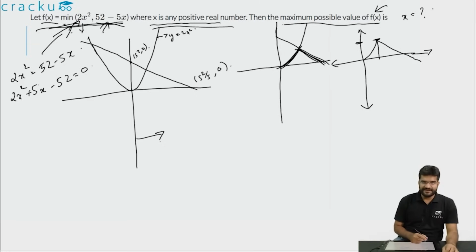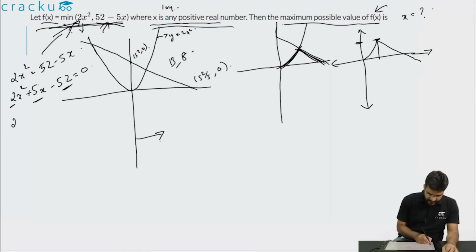We can easily factorize it, but just to make it even simpler, we notice that 2 into 52 is 104. Now the difference is 5x. So basically we need to find two numbers whose product is 104 and who differ from each other by 5. You can easily find that those two numbers are 13 and 8, because 13 into 8 is 104 and the difference between these two is 5.